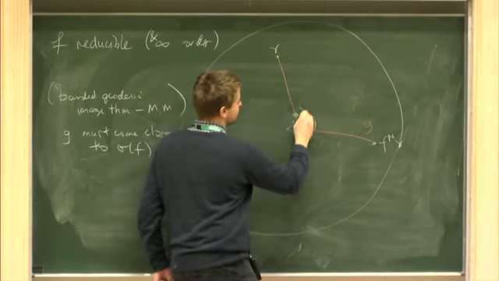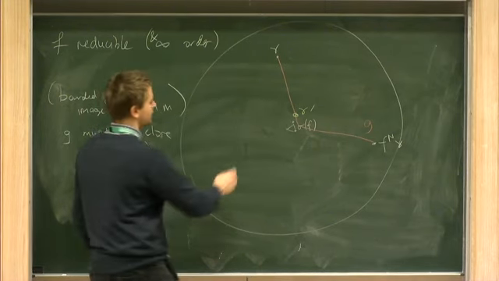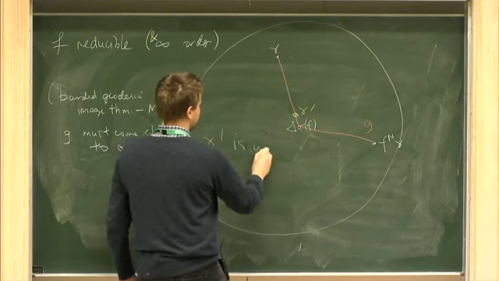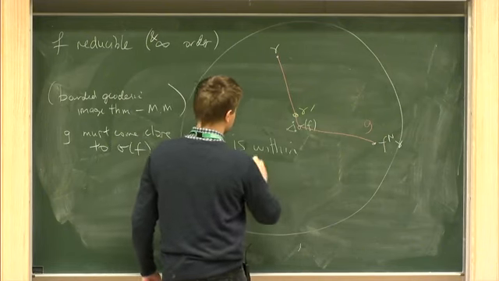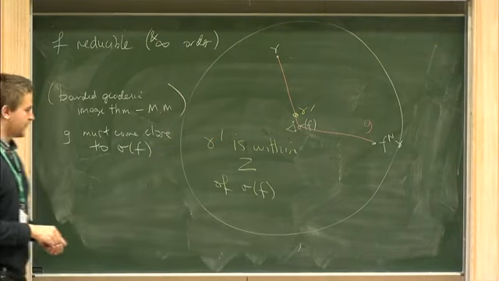It turns out that you can prove that gamma prime, the midpoint, is within 2 of some curve in the canonical curve system.